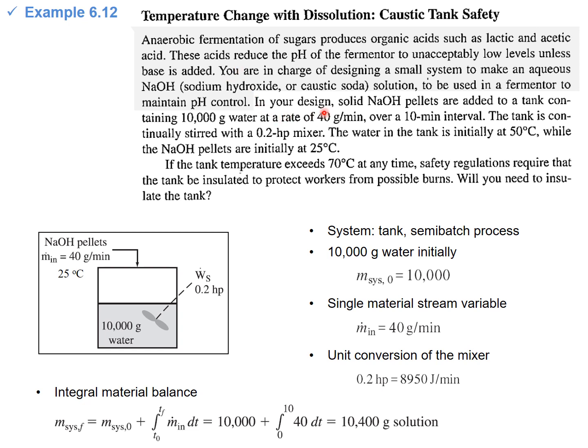In your design, solid sodium hydroxide pellets are added to a tank containing 10,000 gram water at a rate of 40 gram per minute. So here is the schematic picture for the situation. We have a big tank, and inside the tank you have 10,000 gram water.